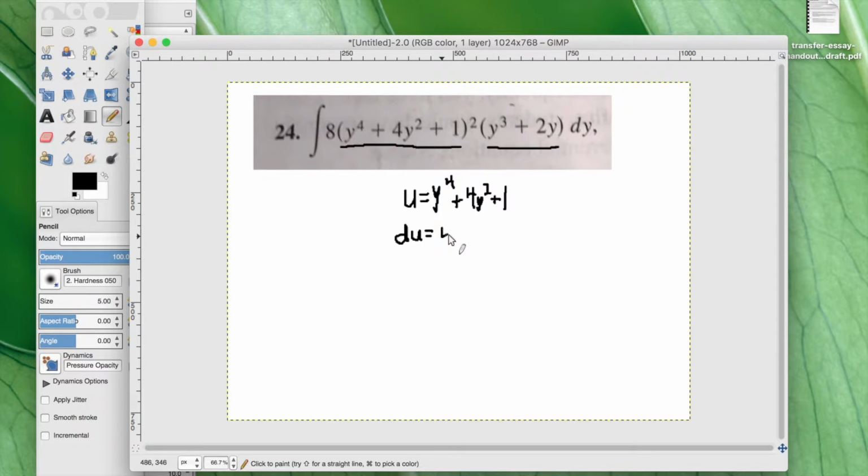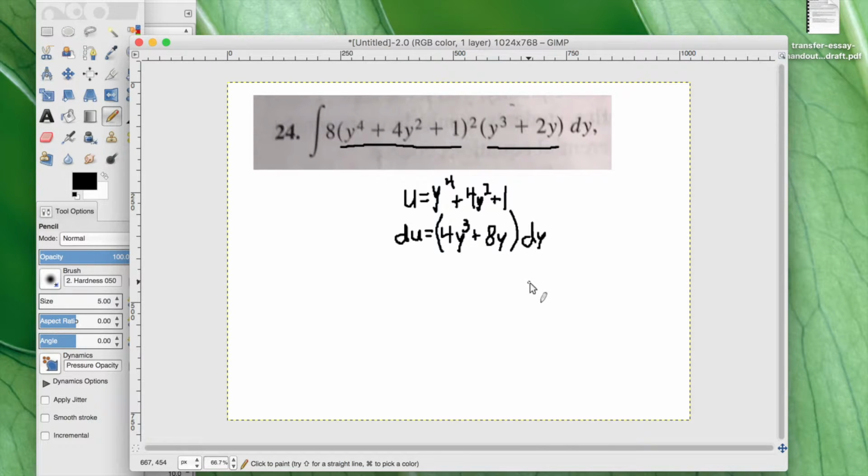So this is going to become 4y cubed plus 8y, and this plus 1 is going to become a 0 because the derivative of a constant is 0. And in addition to all of this, we put dy, because when we take a derivative, we also get the derivative of the variable, dy.